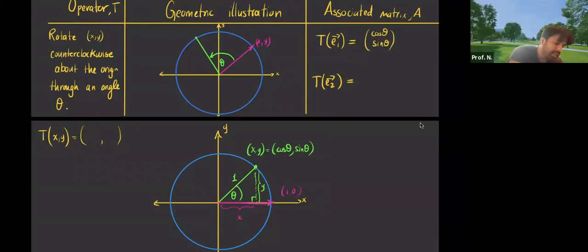So this is E1 again, right? Now what happens to E2? Call this E2. This is a 1, right? I want to rotate this the same thing, theta units this way.